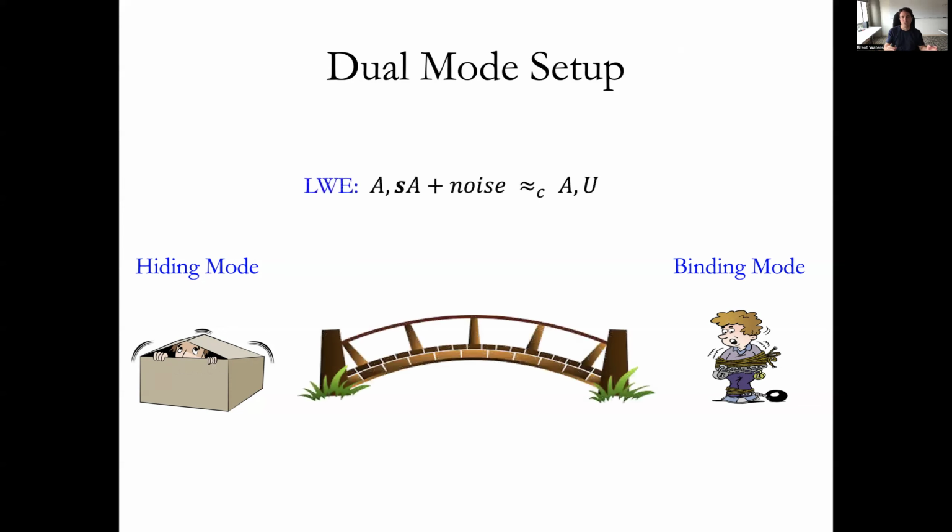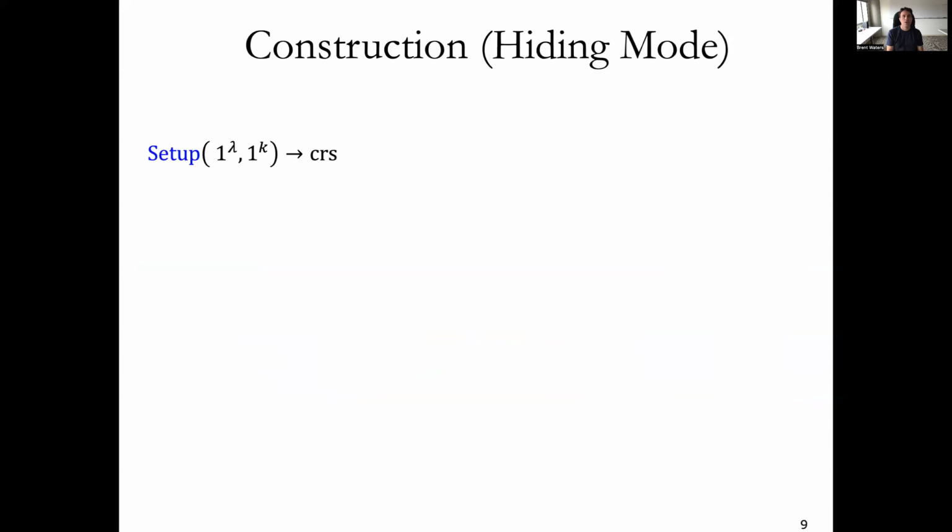So what we have is essentially a bridge between them, where we want to be able to say, well, you can't distinguish whether my setup common reference string was in hiding mode or binding mode. And the bridge in this case will be built from the computational assumption of learning with errors. That is, if I'm given a matrix A of right dimensions, I can't distinguish a matrix A along with S times A plus some small noise from just A and a uniformly random vector.